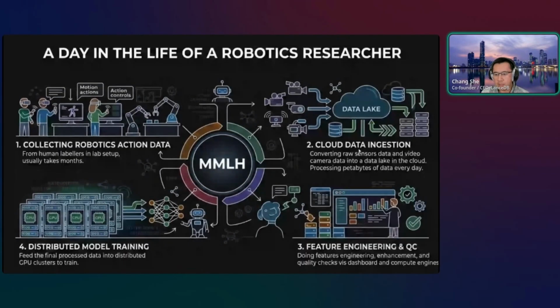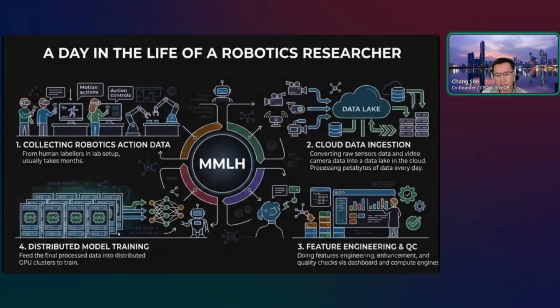Once it's in the cloud, what we engage in is this training loop, and more accurately, it's the data set development and training loop. Step three here is feature engineering and quality control: enriching the data set, cleaning up that data, curating it, running quality checks, exploring that data set, making it ready, and then finally we ship a finalized data set into the distributed model process.